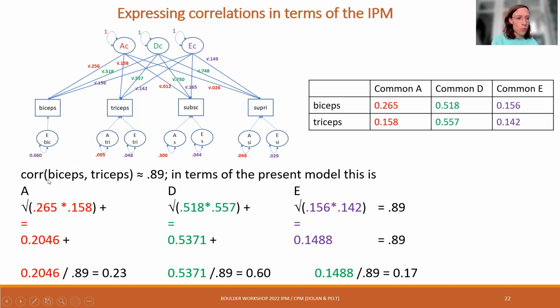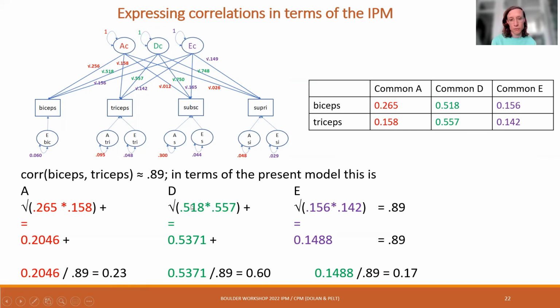In terms of the present model, well, first for the additive genetic effects, let's start with the contribution to this correlation by A. Because these standardized values were based on variances, so squared values, we first need to take the square root. And if we do this, then we see that the contribution of additive genetic effects to the correlation between biceps and triceps is around 23%.